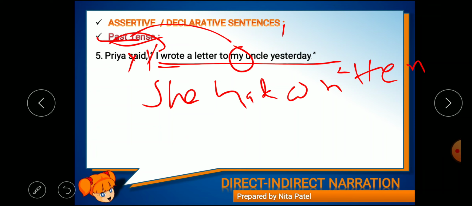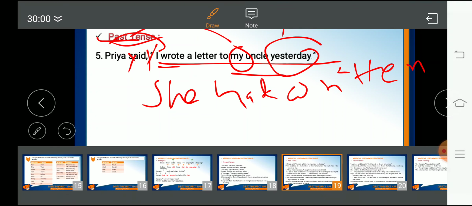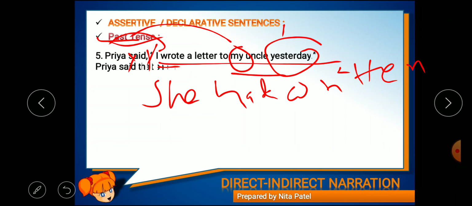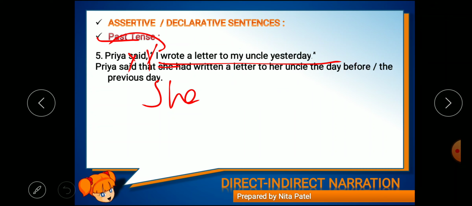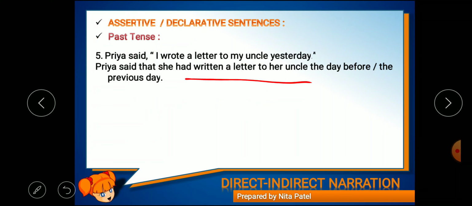Her uncle. Now yesterday will convert, right? Yes, yesterday will convert into the previous day, right? So Priya said that she had written a letter.